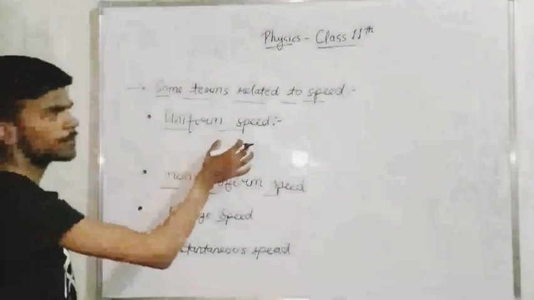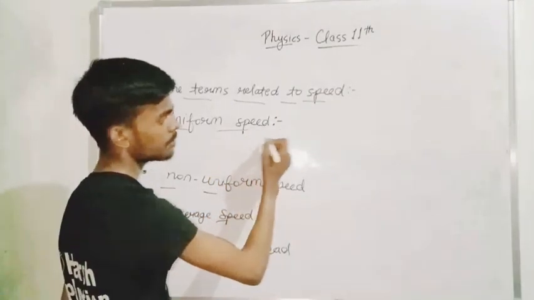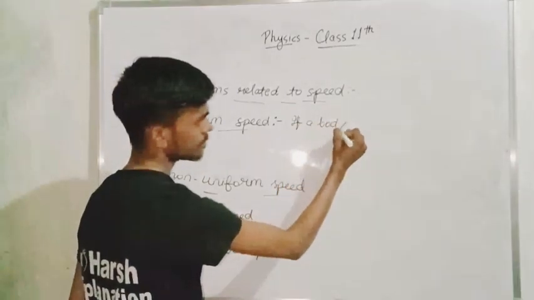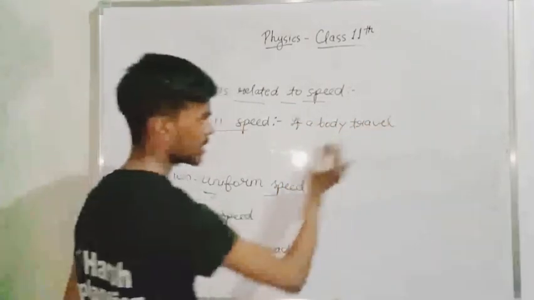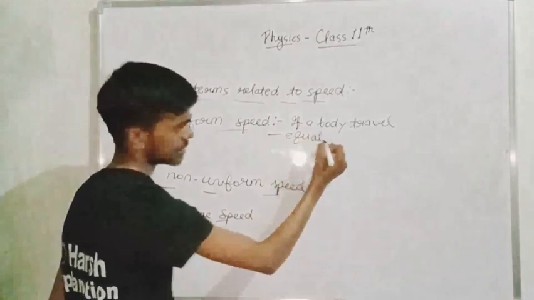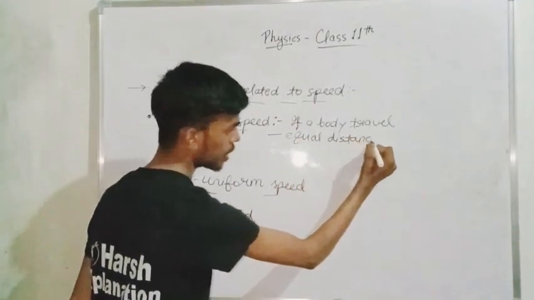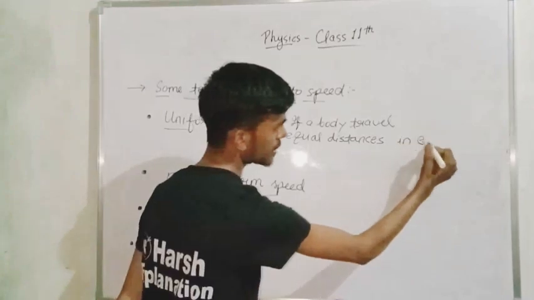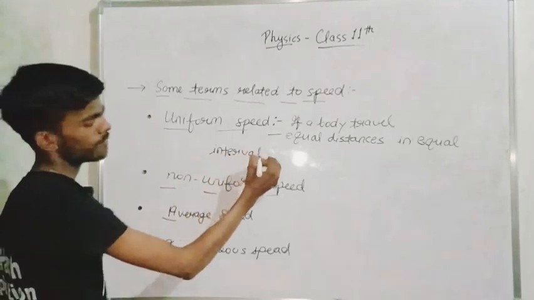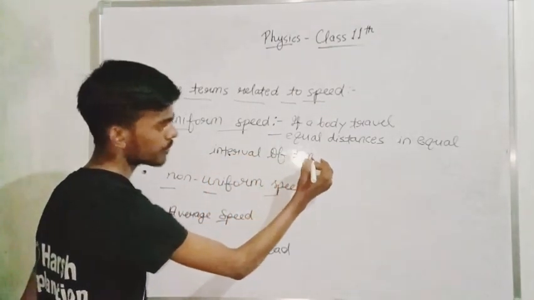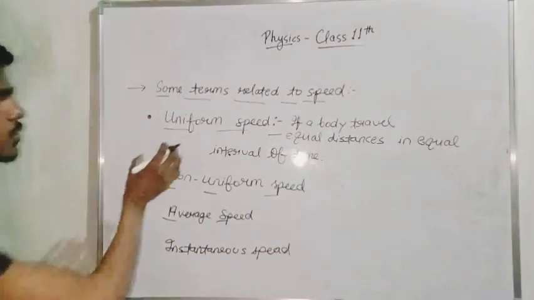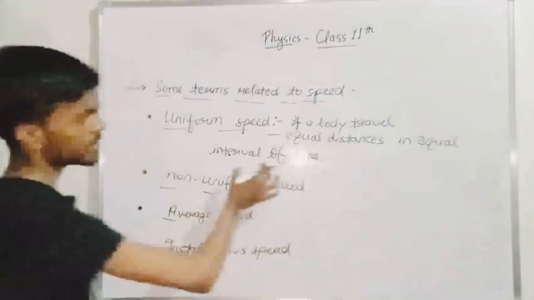If we define it here, we can say that if a body travels equal distances in equal intervals of time, then our body will be said to be in the state of uniform speed. Then that speed is known as uniform speed: if a body travels equal distances in equal intervals of time.